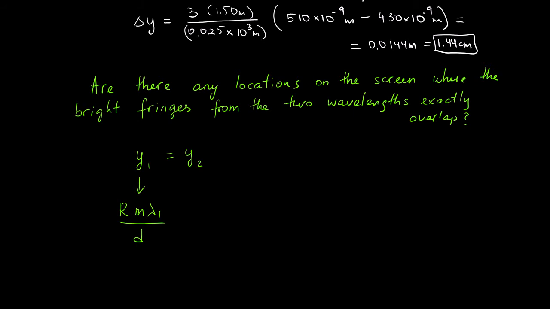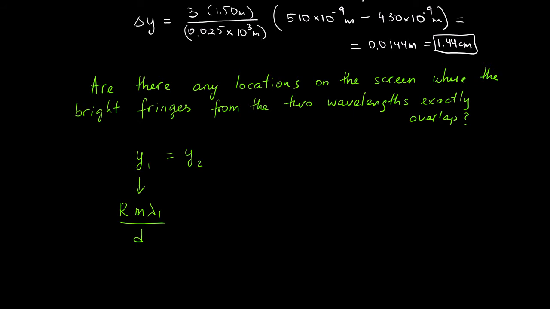The third bright fringes we know don't overlap, but can fifth bright fringes overlap? Maybe not. Maybe the 10th bright fringe from lambda 1 and the 25th bright fringe from lambda 2 overlap with each other.